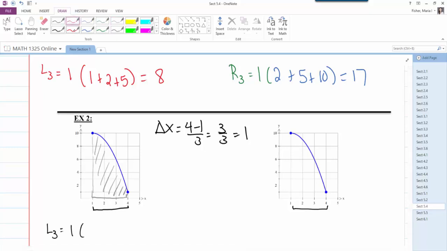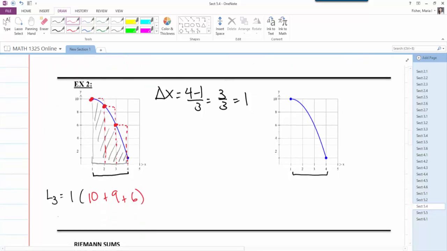So my left endpoints are here for this rectangle, here for this rectangle, and then here for this rectangle. So this endpoint is at 10, this is at 9, and then this one is at 6. So the area using left endpoints, L sub 3, is going to be 1 times 10 plus 9 plus 6, which is 25.